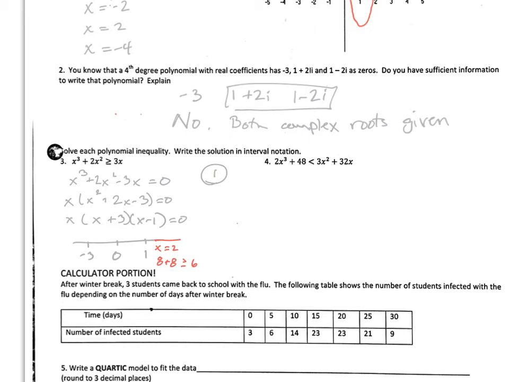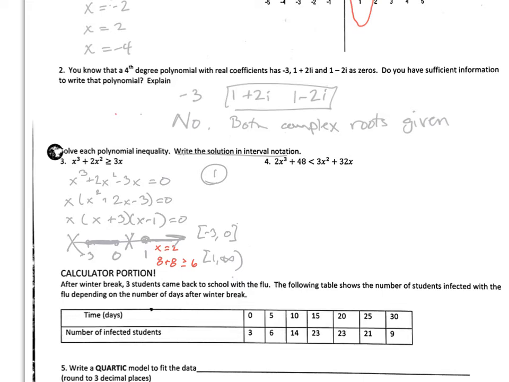So yes, that's true. Of course, there's a line under it. So that means this one works. So remember, it goes no, or yes, no, yes, no. And interval notation is how you write your answer, and it even has that in the directions to help you remember. So we have -3 to 0, and also the interval from 1 to infinity.